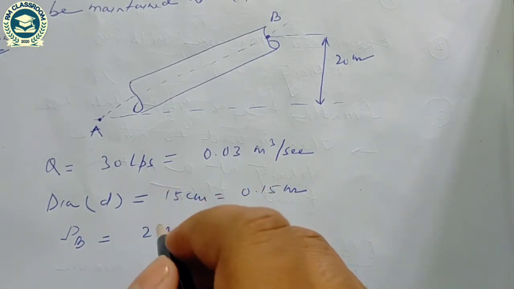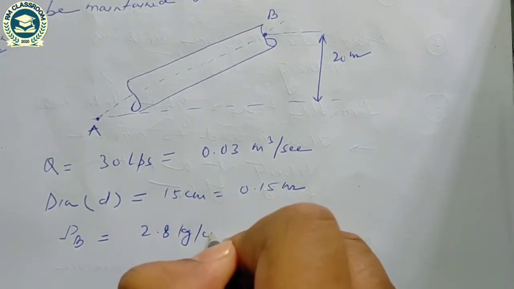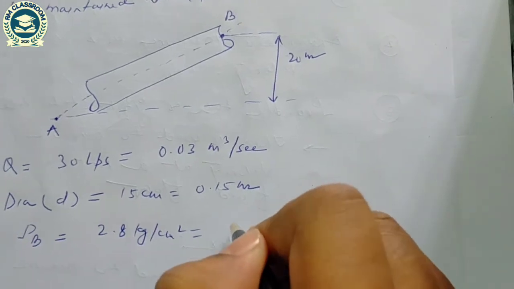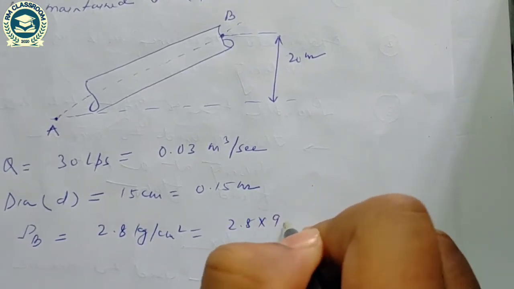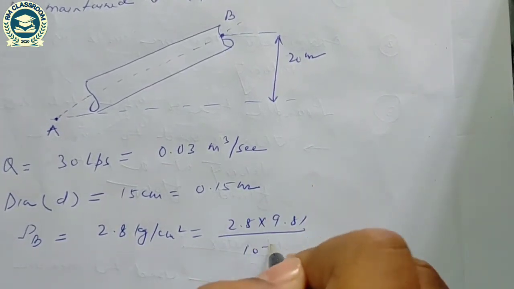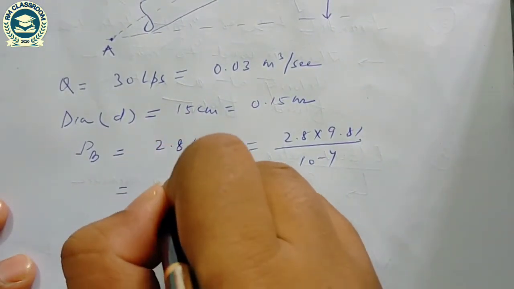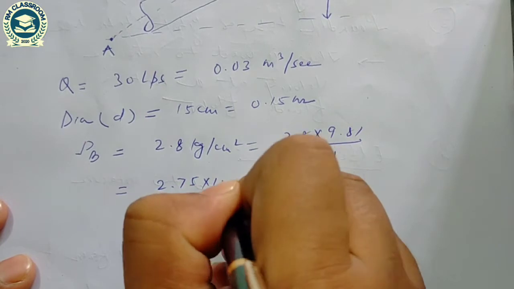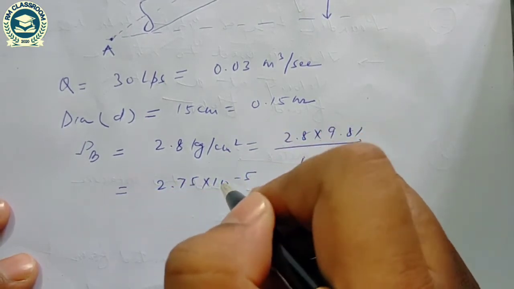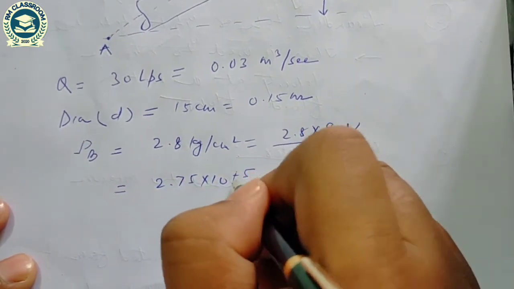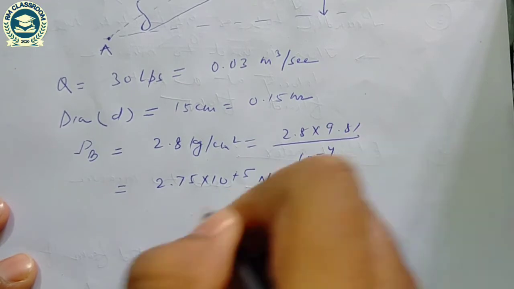If I convert it to Newton per meter square, 2.8 into 9.81 divided by 10 to the power minus 4, so it is 2.75 into 10 to the power 5 Newton per meter square.